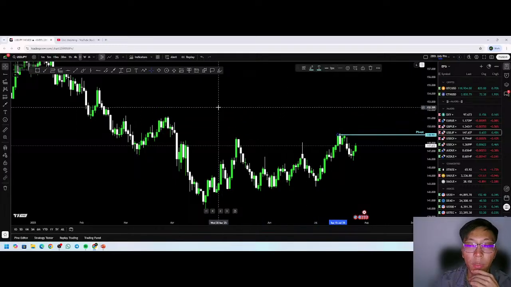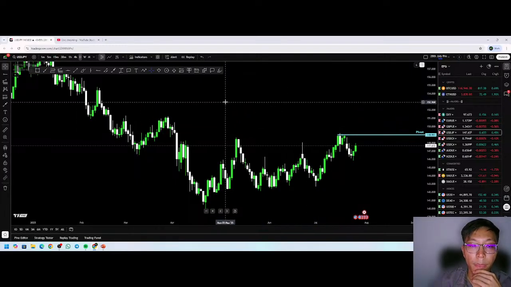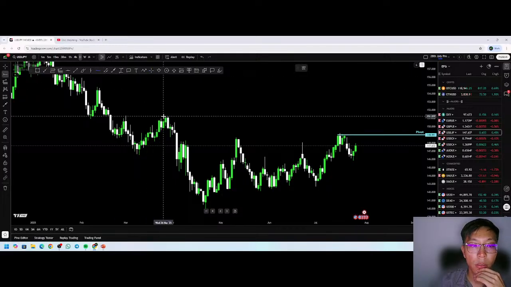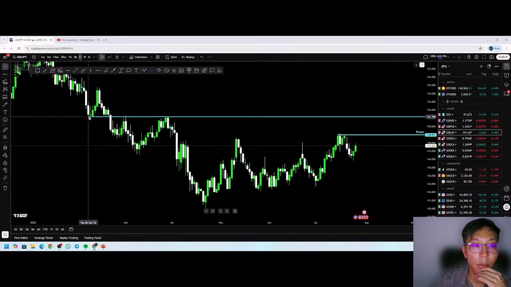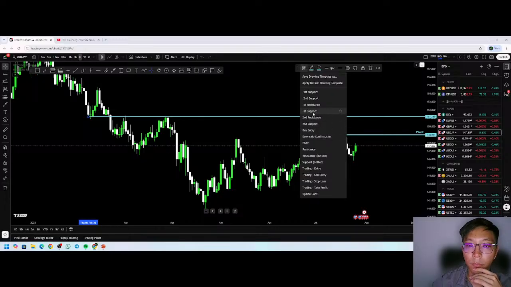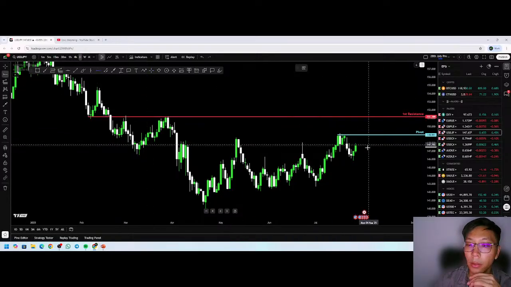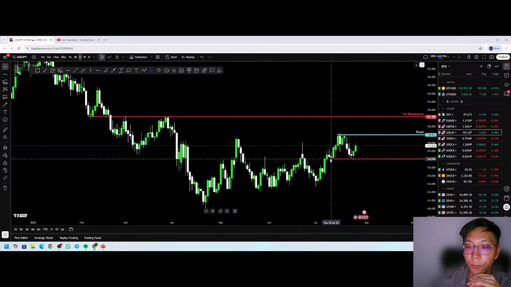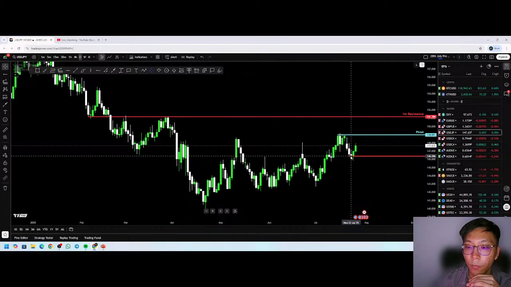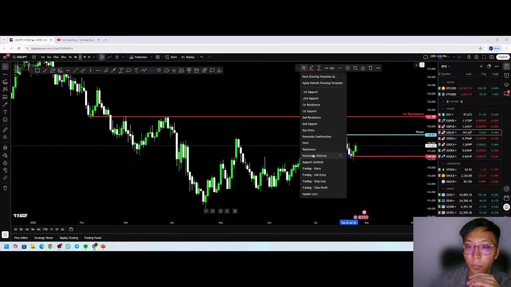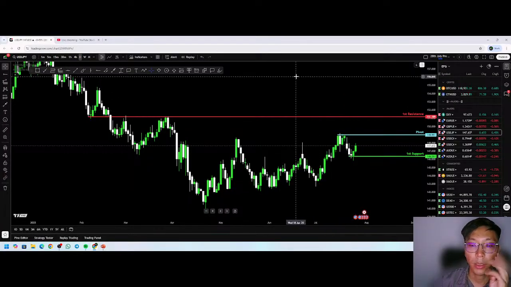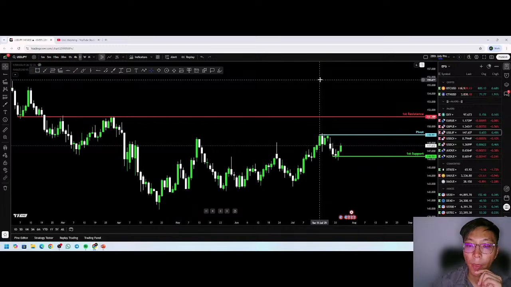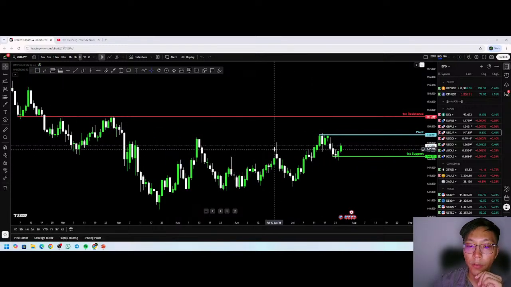This could be our pivot point, and then this could be our resistance, and this could be our first support. Okay, I think this is suitable. Let me see, first support. Pivot point.